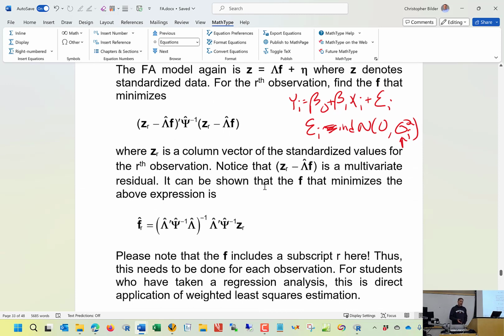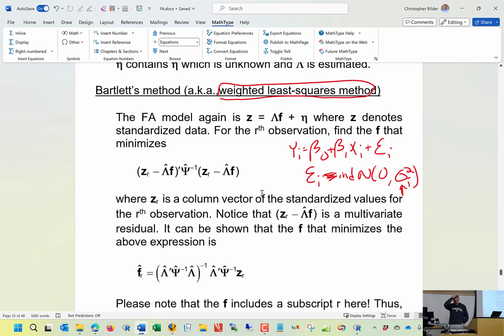Now, with that as background, hopefully that gives you some intuitive idea of where we're going to go with this. Here's our factor analysis model. Notice how that model kind of looks like a regression model.